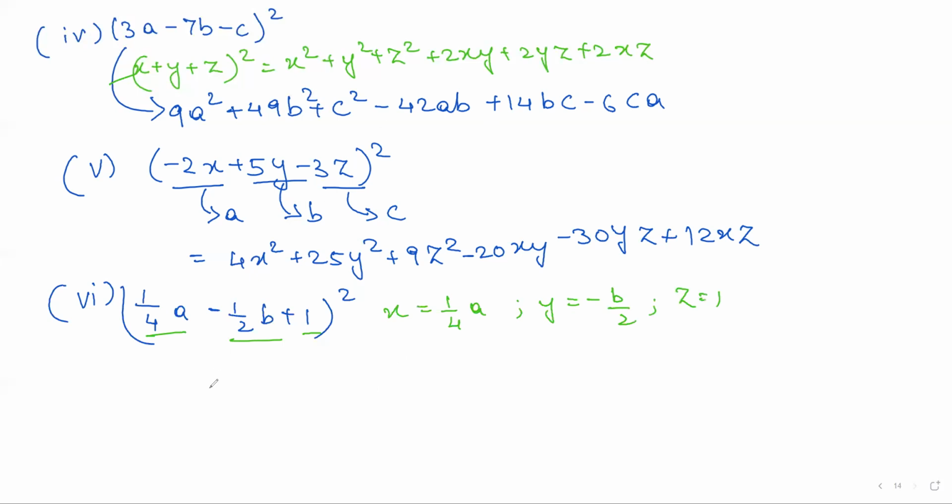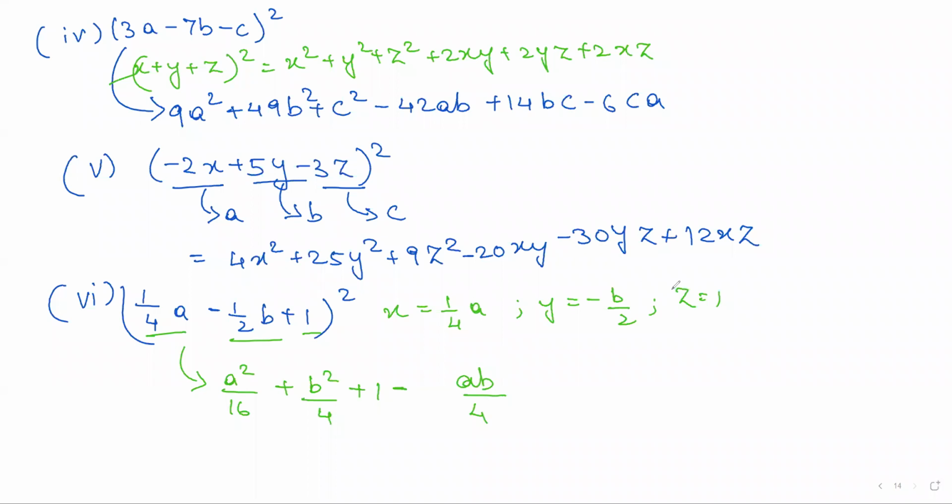All you have to do is place in the formula. You will get (a by 4) whole square, which is a square upon 16, plus b square upon 4, plus 1 square is 1, plus 2 times xy, which is minus 2 times ab upon 4 into 2, and 2 gets cancelled. You're left with minus ab upon 4.